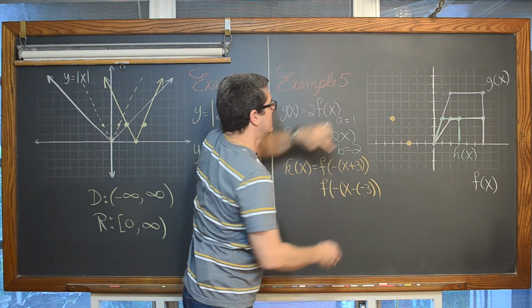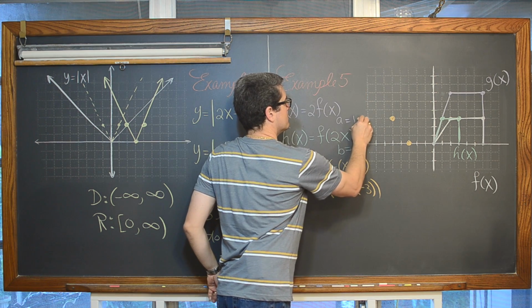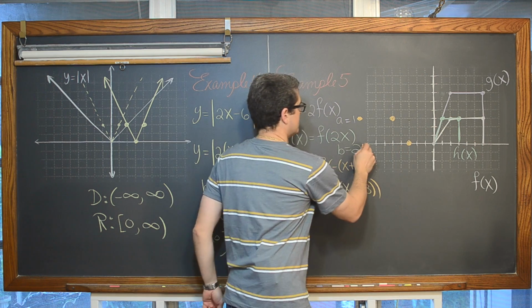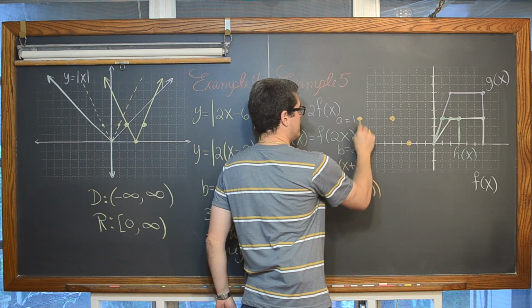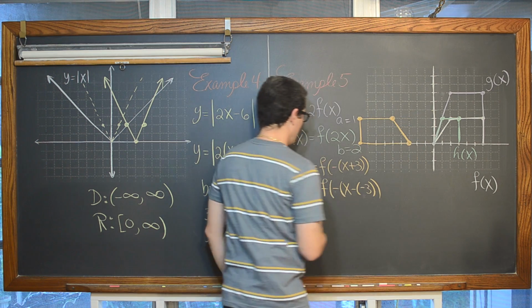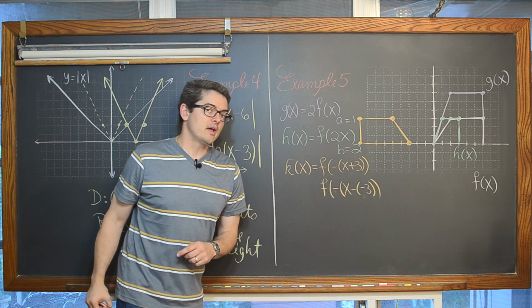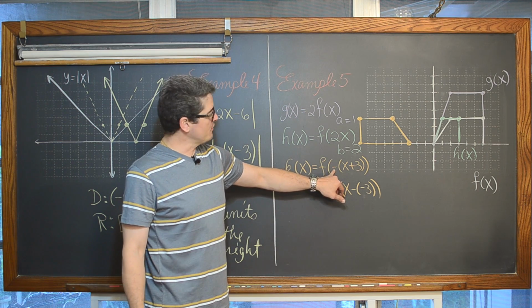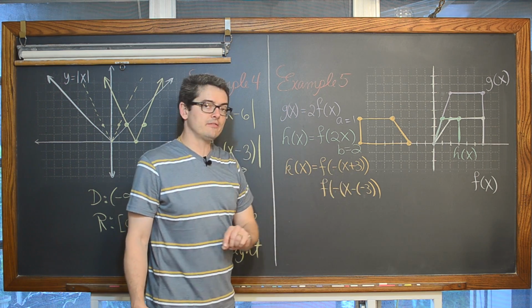So 1, 2, and out here 3. Just squeeze that in. And likewise, we had a vertical line segment here, so the other point is going to be right here. And this orange graph is our representation of what k of x would look like if we took function f, applied a reflection over the y-axis, and shifted the graph to the left 3 spaces.